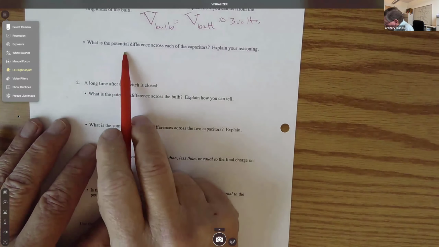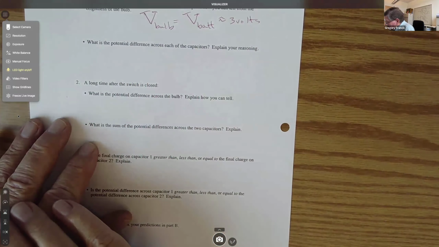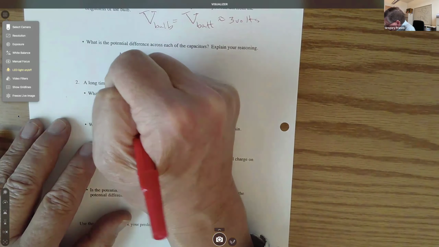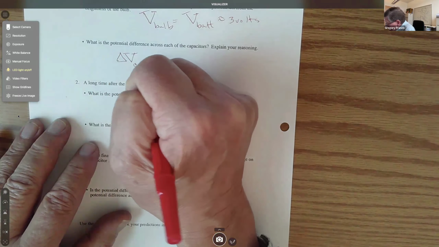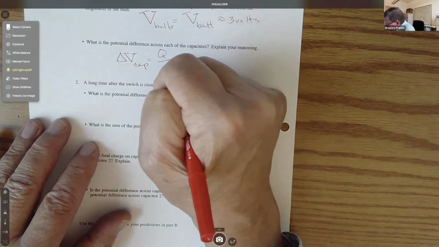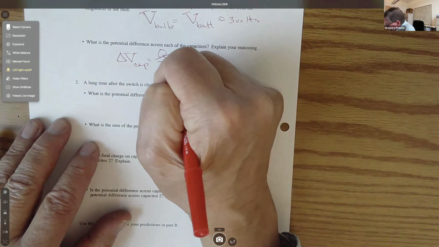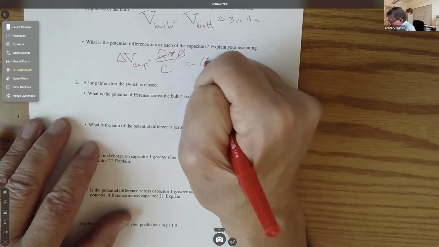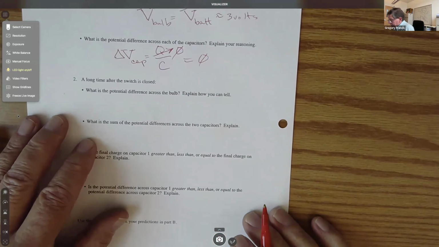What is the voltage difference across each of the capacitors? Well, we know that it's going to be the charge divided by the capacitance, and in both cases, they were empty. And so that's going to be 0. Both of them are acting like wires.